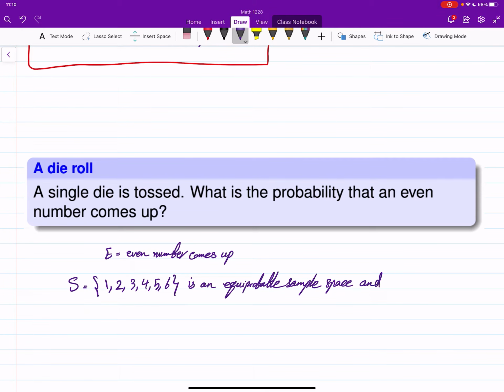And the subset E is basically 2, 4, 6, an event inside that. So when you have an event inside an equiprobable sample space, finding the probability of that event is easy. You just need to count how many elements E has and how many elements S has, and then divide them. So here there are 3 over 6, which is half.